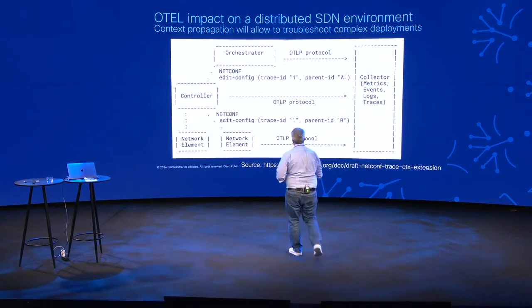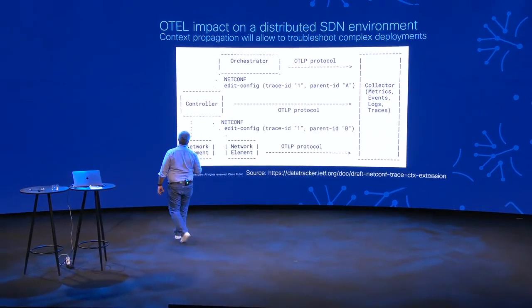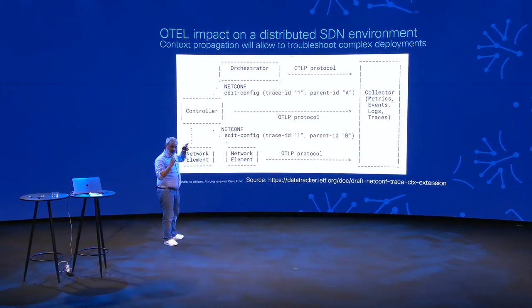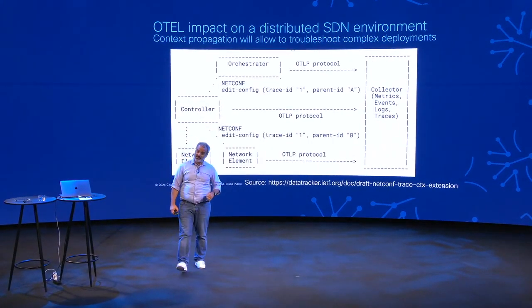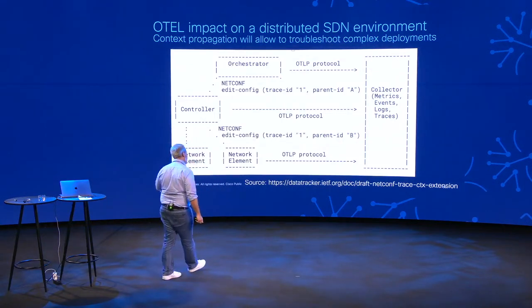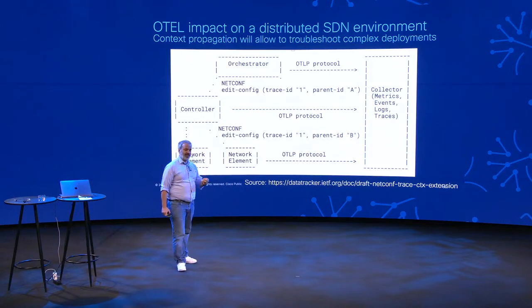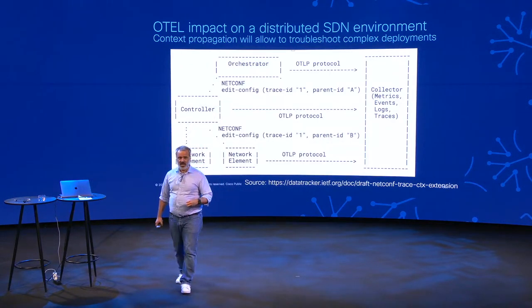So if we look at this picture, and it's very oriented to network and the reality of network, we zoom in into the network. This is part of an IETF standard that we are pushing into the IETF, and that is to add this concept of context into NETCONF. We're doing the same thing for RESTCONF.